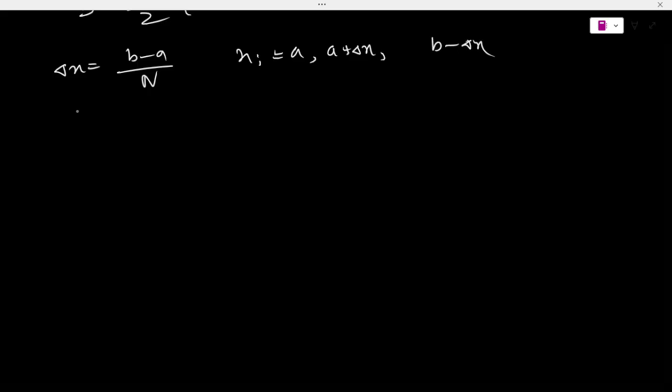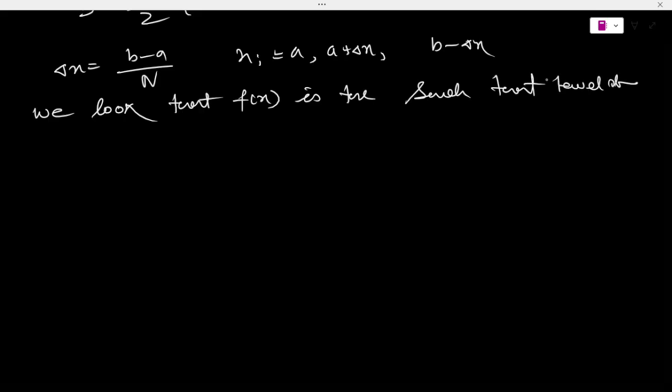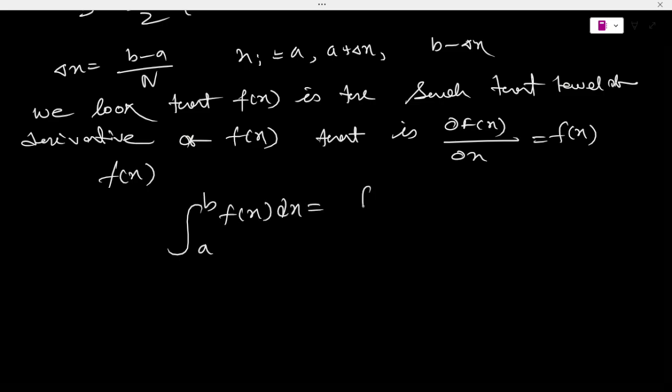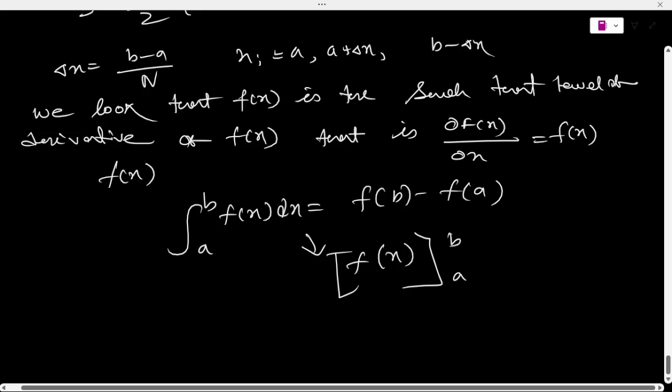We look for F(x) such that the derivative of F(x), that is dF(x) divided by dx, is equal to f(x). If you can find that function F(x), then the integration from a to b of f(x) dx is equal to F(b) minus F(a). F(b) minus F(a) is also written as F(x) evaluated from a to b.